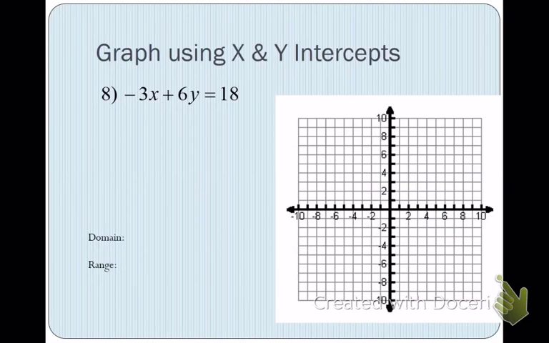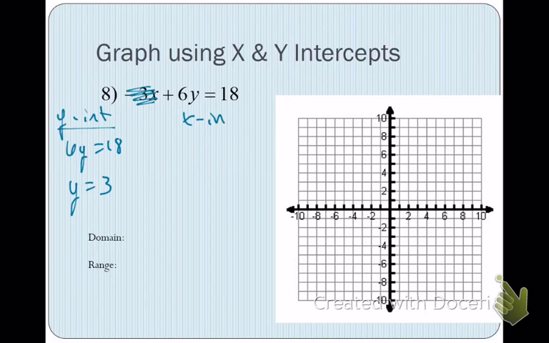Okay? Now, a little bit faster. The y-intercept, x is going to be 0, so we can ignore the x term. We get 6y equals 18 divided by 6, and y is 3.